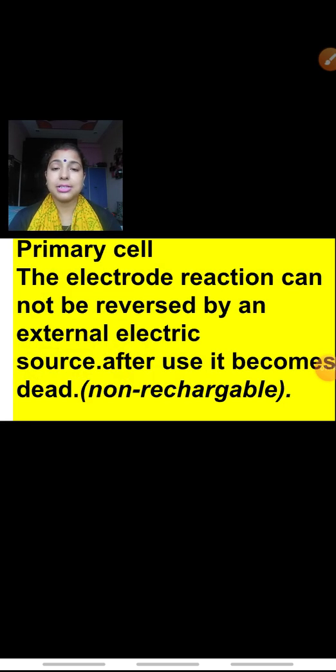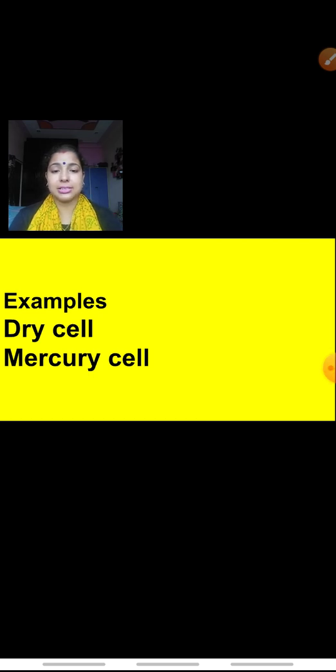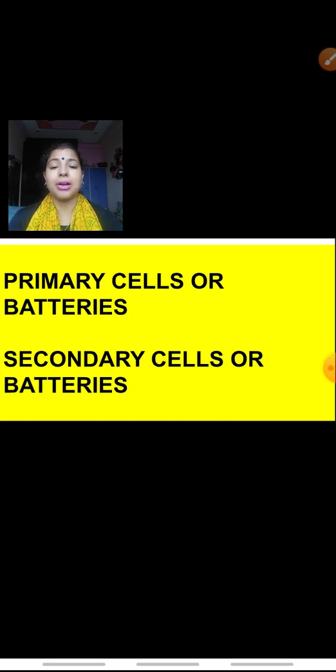Primary cells are the simple electrochemical cell. That means in case of a primary cell, we use the energy produced by the electrochemical reaction and it gives out electrical energy.